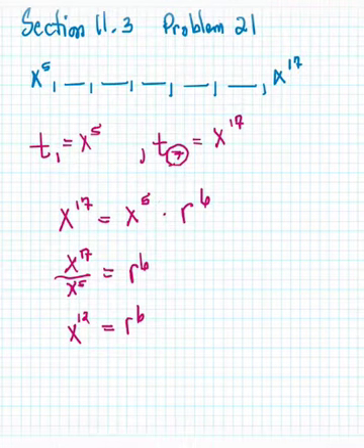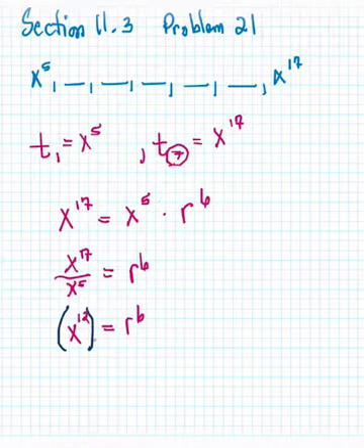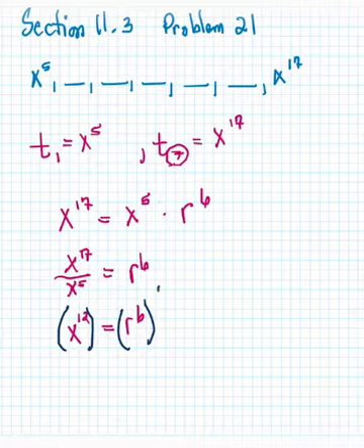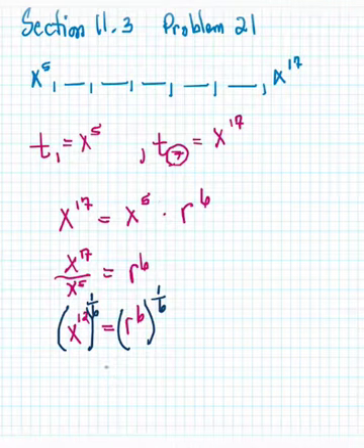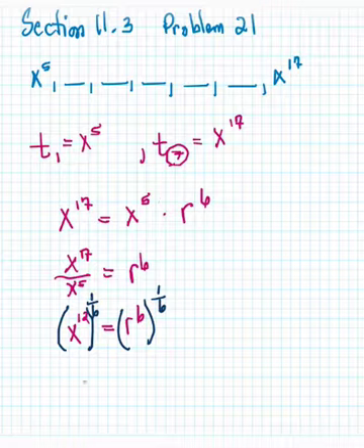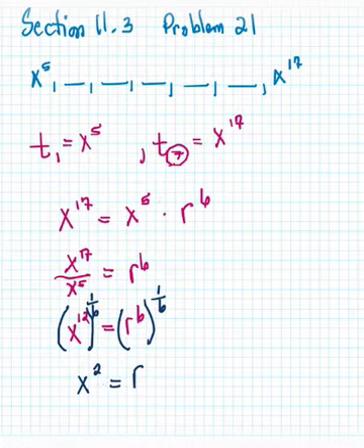So I'll just show you two different ways to look at it. One is to raise each side to the 1/6. What I do to one side, I do to the other. I'm taking the 6th root. So x to the 12th raised to the 1/6 is going to be x squared, and r to the 6th raised to the 1/6 is going to be r. And so we can see r is going to equal x squared.